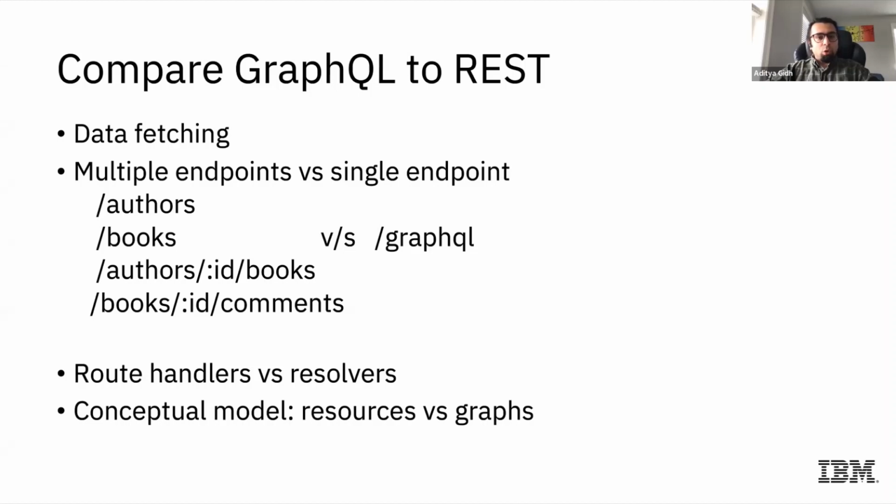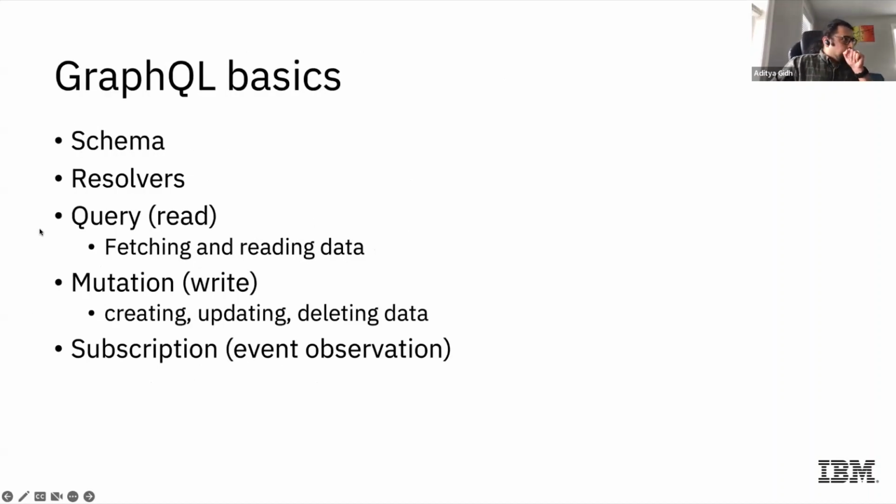And the conceptual model is that with REST, it's resources, whereas with GraphQL, it's a graph: a collection of nodes and edges which relate those nodes. On every node, you have scalar properties, which could be int, string, bool, and so on.